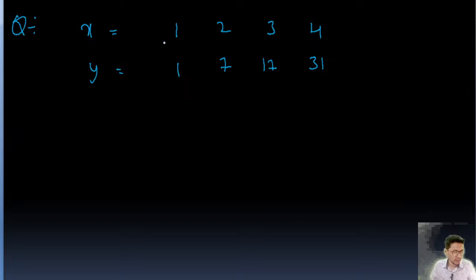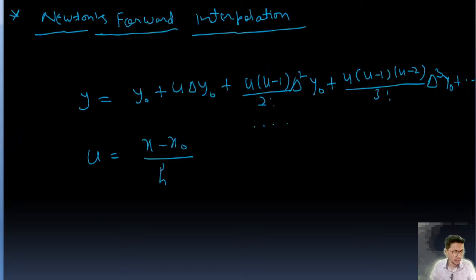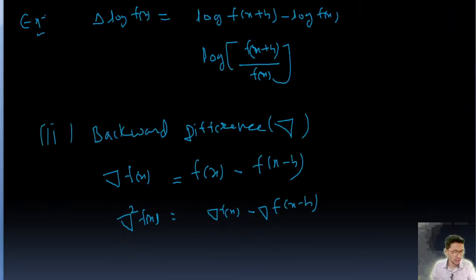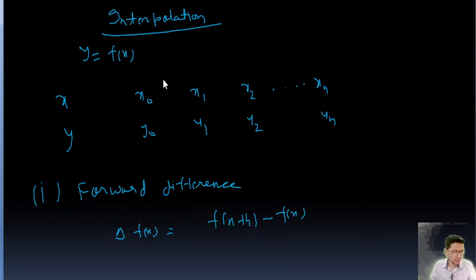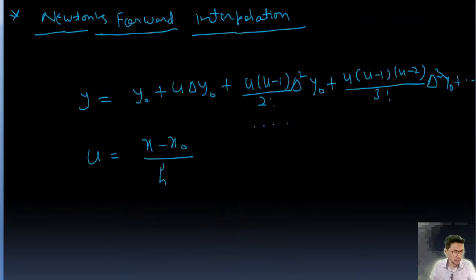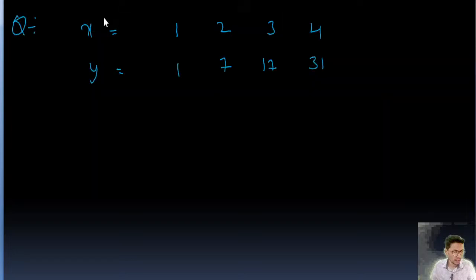So we know that this is x naught. I've already explained here, right? This is x naught, x1, x2, and so on, and y naught, y1, y2, and so on.